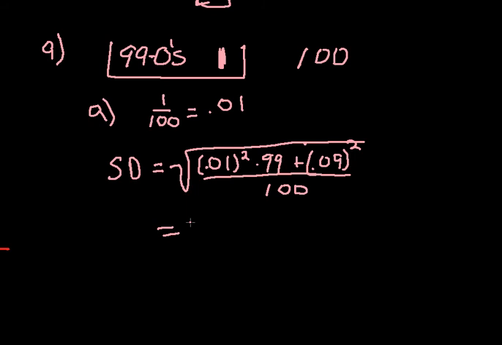We're going to take the square root of 1.8e-4, which is 0.013. Okay, 0.013 is our standard deviation.